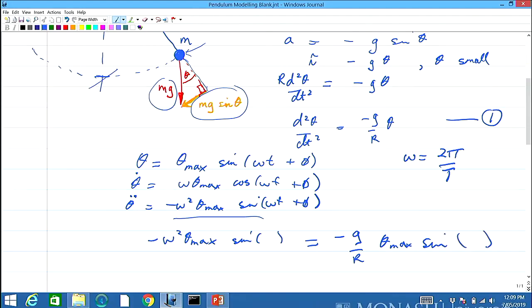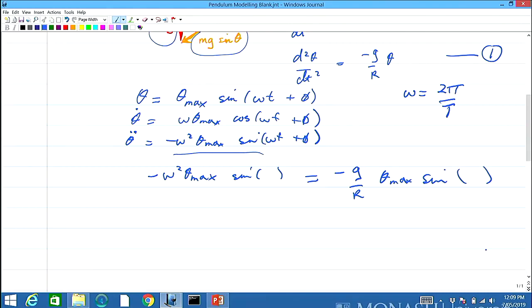So those sine terms we can eliminate, and we're left with an equation relating omega squared, theta max, and g and R. So theta max disappears. So therefore, the minus sign goes away, so we get omega squared is g on R.